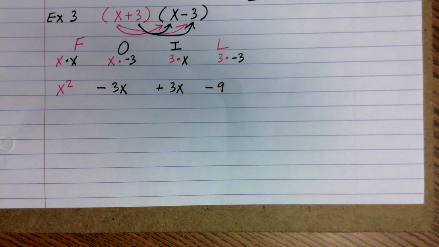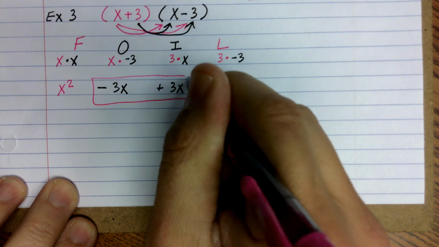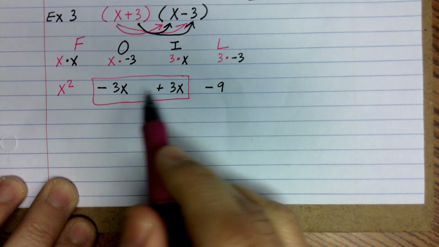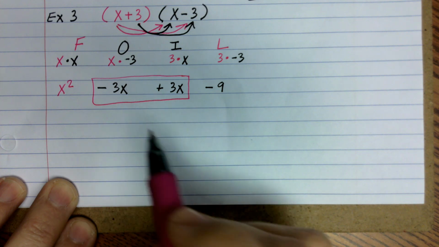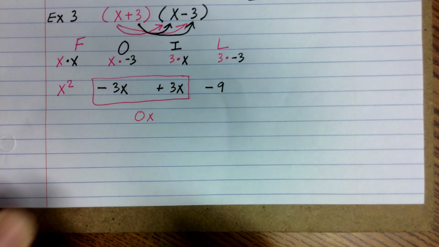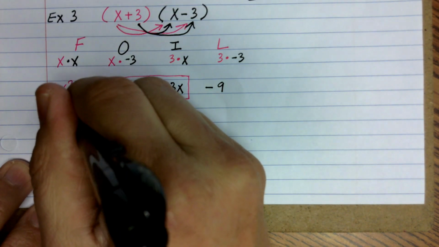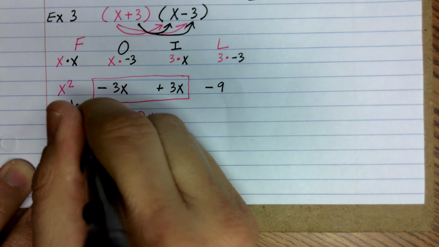Now we do run into a certain situation here. If you look at these middle terms, when we combine them, we have a negative 3x and a positive 3x. When we combine these two together, it's going to leave us with 0, so really it's 0x. Now in math, anytime something is 0 and it's multiplied to something, it just creates another 0.